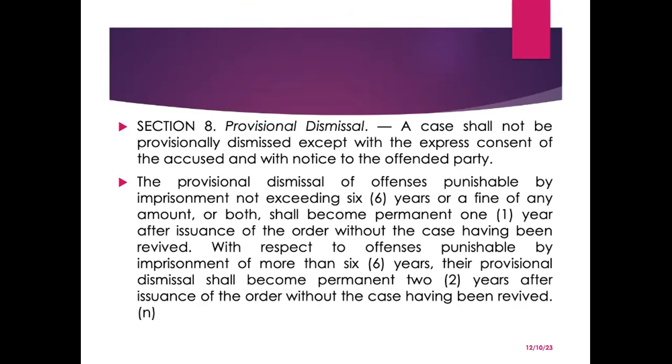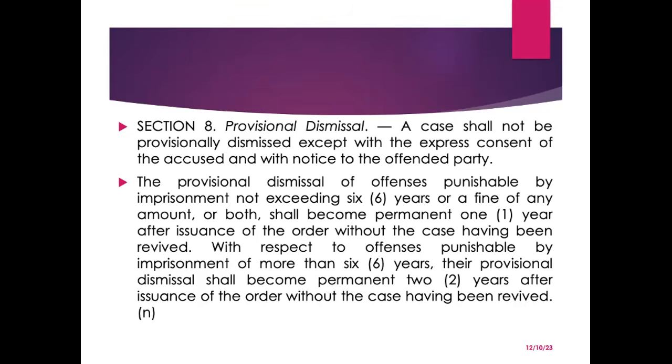Okay? 2 years. This new rule was conceptualized by the Committee on the Revision of the Rules and approved by the Court en banc primarily to enhance the administration of the criminal justice system and the rights to due process of the state and the accused, by eliminating the deleterious practice of trial courts of provisionally dismissing criminal cases on motion of either the prosecution or the accused or jointly, either with no time bar for the revival thereof or with a specific or definite period for such revival by the public prosecutor.